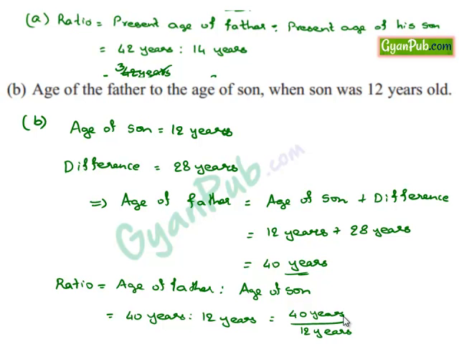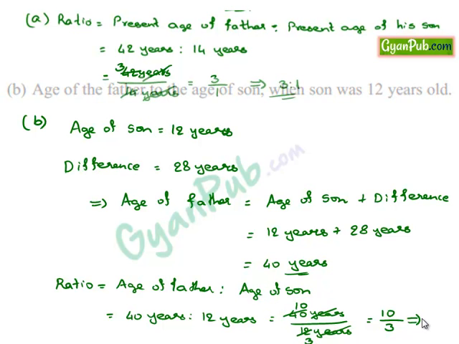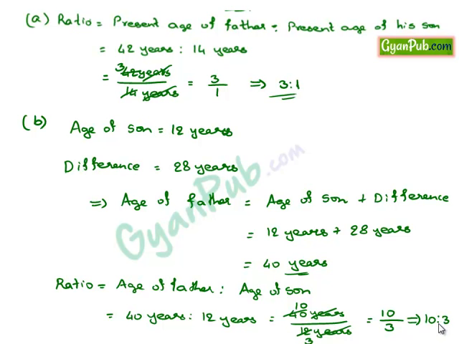Here years gets cancelled in numerator and denominator, and 40 and 12 are multiples of 4, which gives 10 upon 3, as 4 goes in 40 by 10 times and in 12 by 3 times. Therefore, the required ratio between the age of father and the age of son when the son is 12 years old is 10:3.